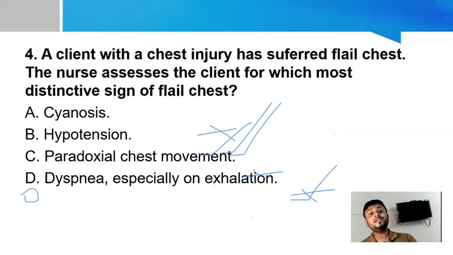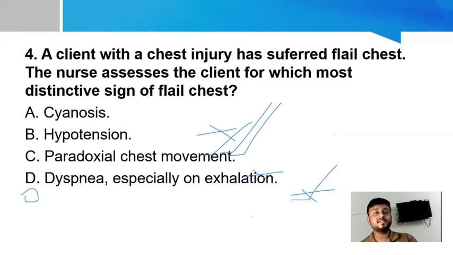Then paradoxical chest movement. What is paradoxical chest movement? It means abnormal chest movement. What does abnormal chest movement signify in flail chest? See, when the floating ribs are fractured, during inhalation the flail ribs will go inside, opposite to our chest expansion.